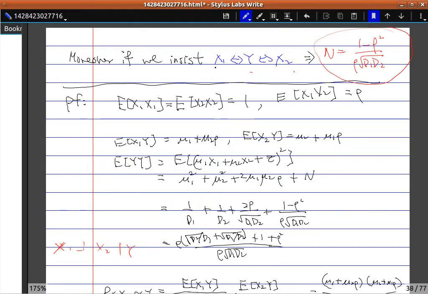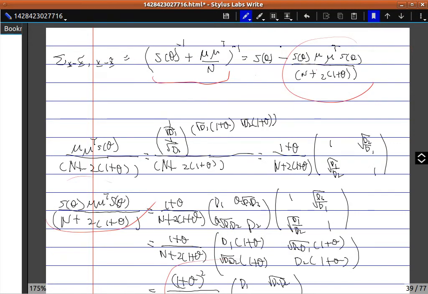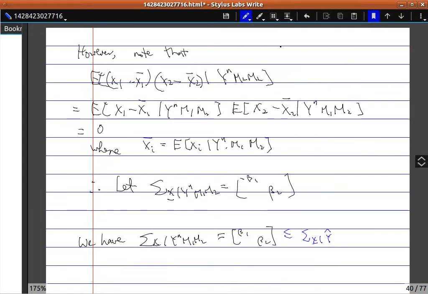In the choice of picking mu and n, we insisted that given y, x1 and x2 will be conditionally independent. Sometimes this is known as the common information. It's also used in some other problems. So we can pick y as the common information of x1 and x2. Because of that, these terms are actually conditionally independent.